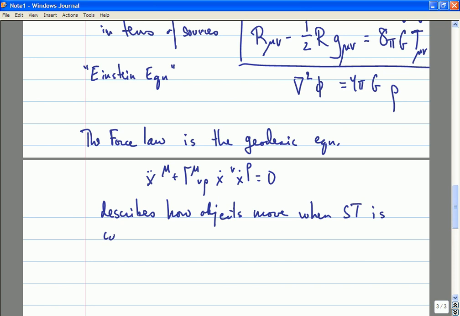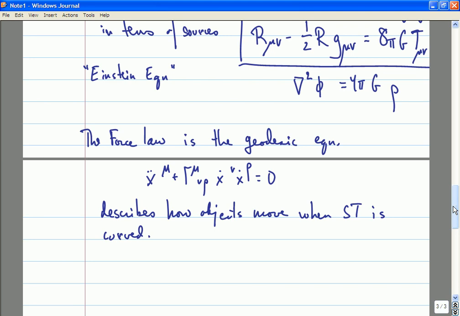And the important point, the essential point about general relativity is that this force law can be thought of as very different in character from the force laws of Newtonian gravity or electromagnetism. So in particular, in electromagnetism, for example, the Lorentz force law tells you how the motion of objects deviates from straight lines in the presence of an electromagnetic field.